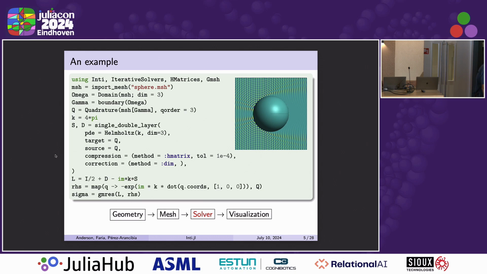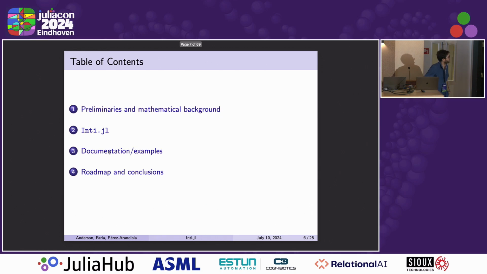And then you can just call an iterative solver, you build some linear map. These objects you can lazily compose, mostly thanks to LinearMaps, so we just build on top of that. And you can solve, say, a scattering of a sphere. In this case it's a bit simpler than the airplane, but this one runs in maybe about 5 minutes. It's 3D, not high frequency, but not super low frequency either. So I think that's an example.